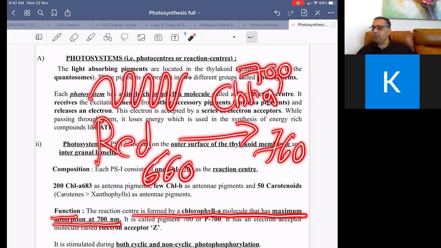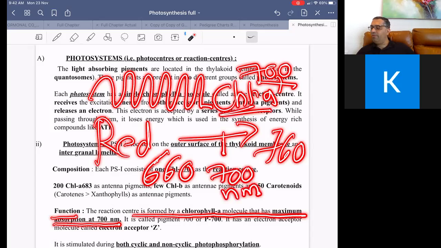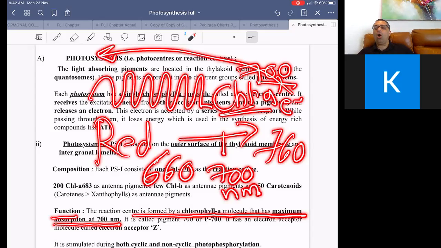But at maximum 700 नैनोमीटर पे क्लोरोफिल ए इलेक्ट्रॉन विल गेट एक्साइटेड एंड जंप। It jumps at 700 nanometer wavelength.